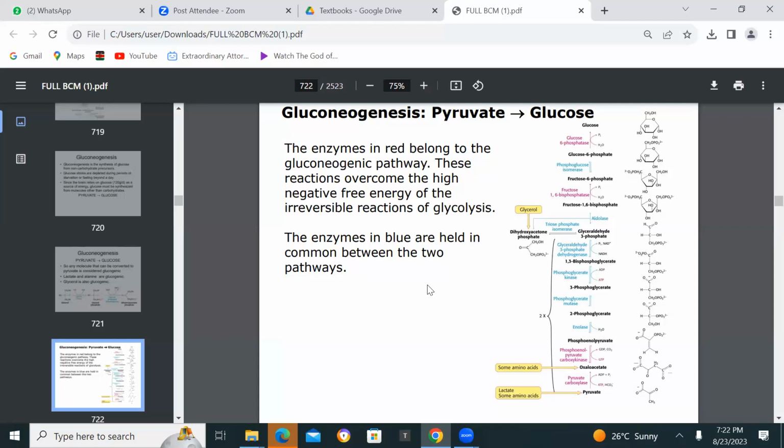But when we were doing glycolysis, we saw that the last step in glycolysis is not a reversible reaction. So we can't just reverse the process and start moving back. We need to come up with a mechanism that works for us there.